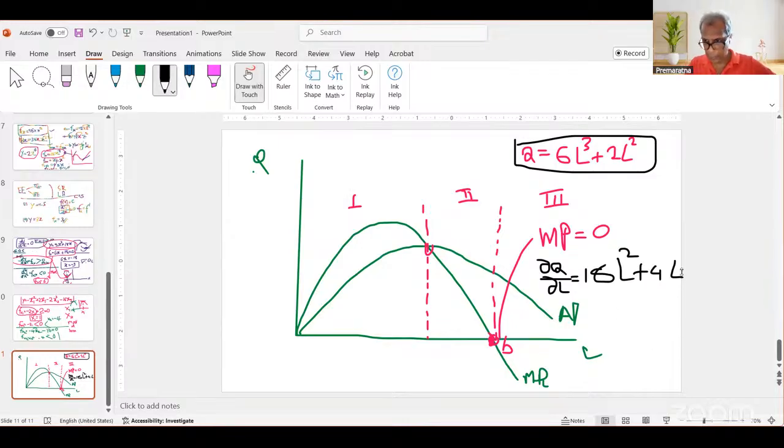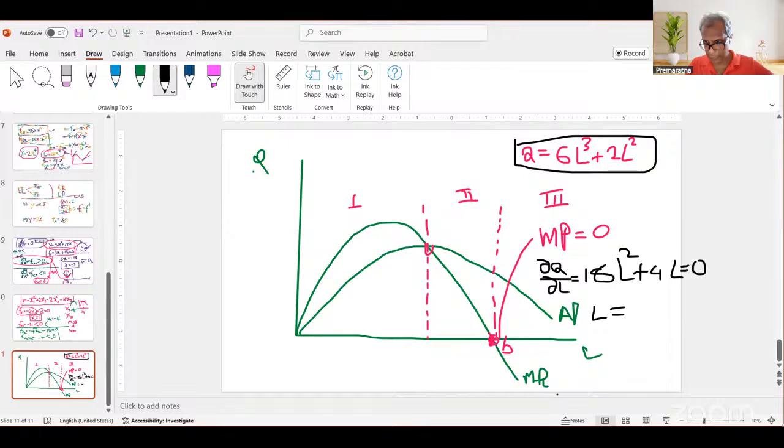Now, when you set this marginal product equal to 0, you can find the value for L. In this case, of course, we don't get a very good value.